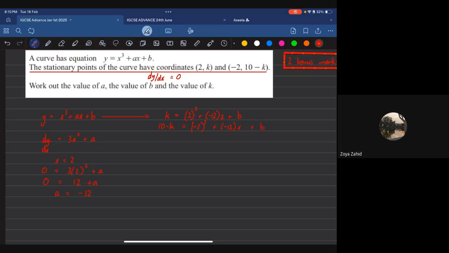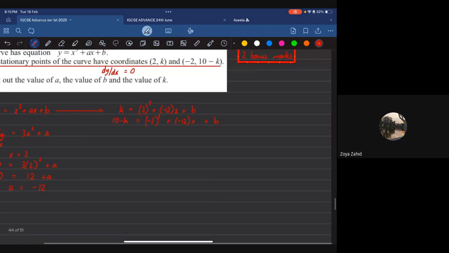Okay, if we try to solve them further, what is going to happen? It's going to become k is equal to 8 minus 12. Oh, by the way, why am I writing x? x is already over here, it's 2, and over here it's minus 2. Apologies. So it's going to be 8 minus 24 plus b, so b minus 16.